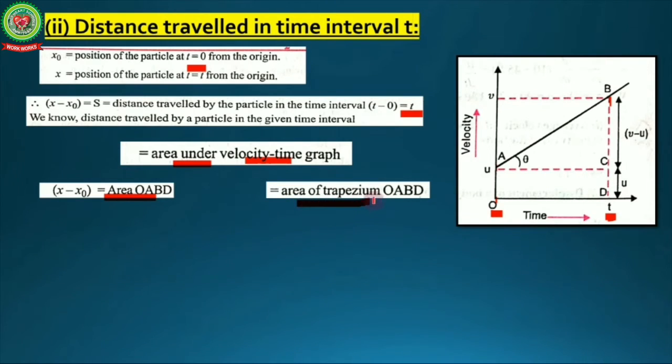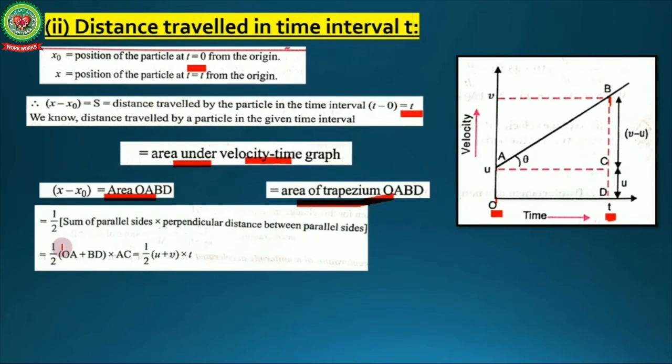We know that the area of a trapezium, which we have done in mathematics, is equal to half into the sum of parallel sides, so OA and BD are the parallel sides, multiplied by the perpendicular distance between the parallel sides. This is the perpendicular distance between the parallel sides, meaning OD. So what we are getting is half into OA plus BD, multiplied by AC. So the perpendicular distance between the parallel sides is AC.